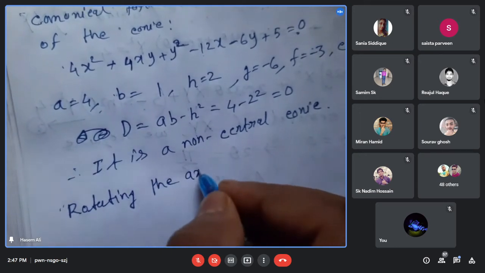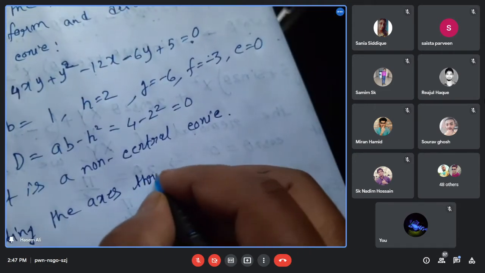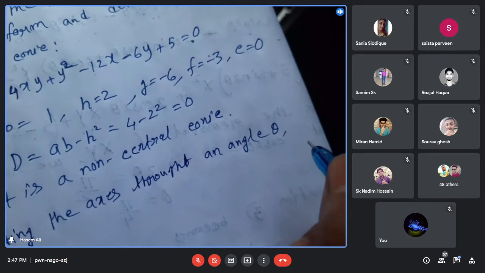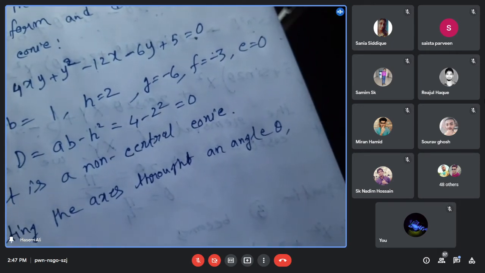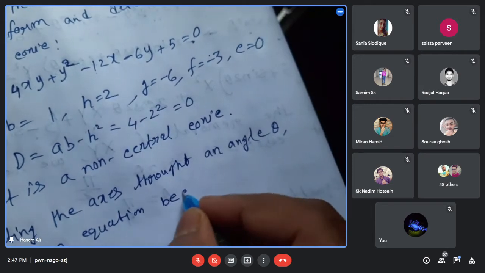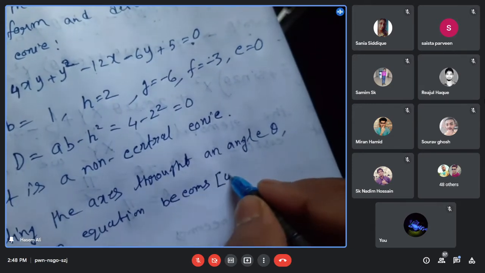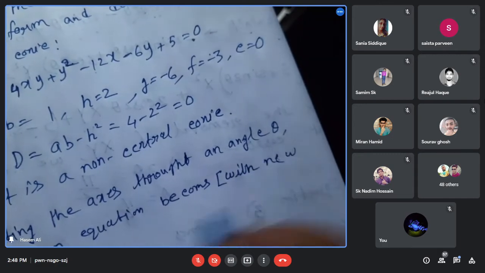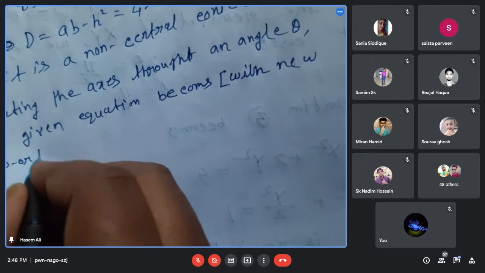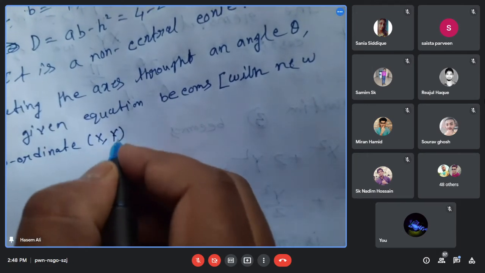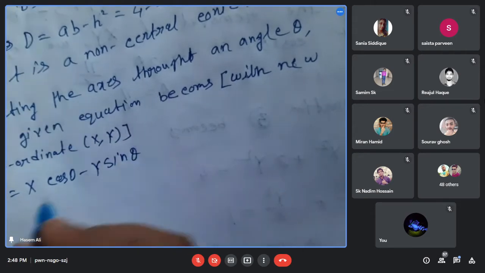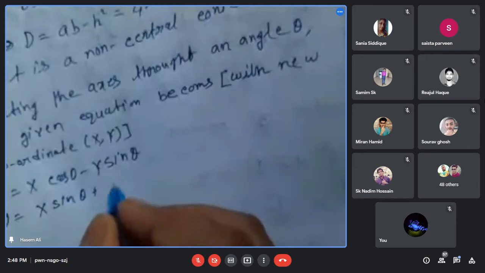Rotating the axis through an angle theta, the given equation becomes, with new coordinates X, Y, where x equals X cos theta minus Y sin theta, and y equals X sin theta plus Y cos theta.